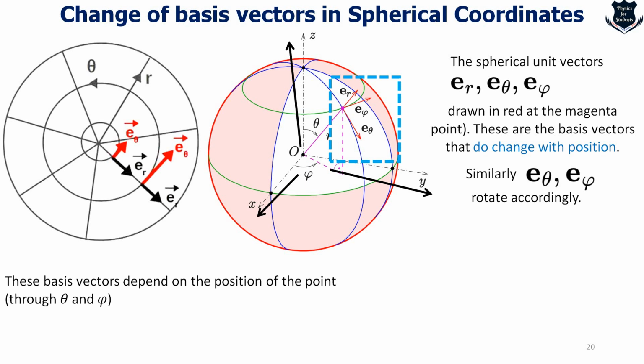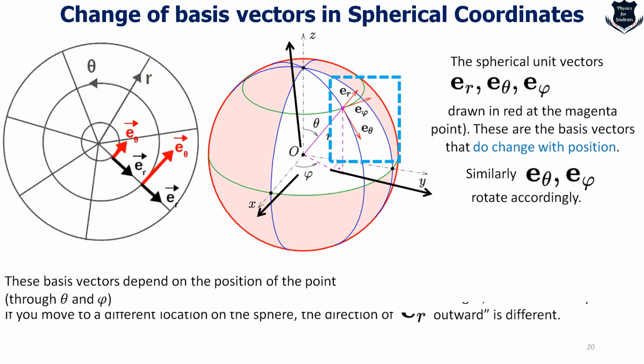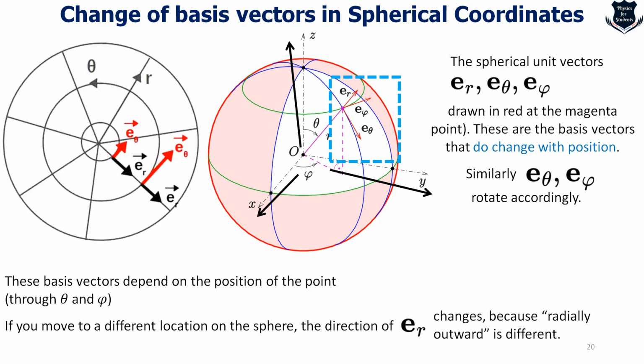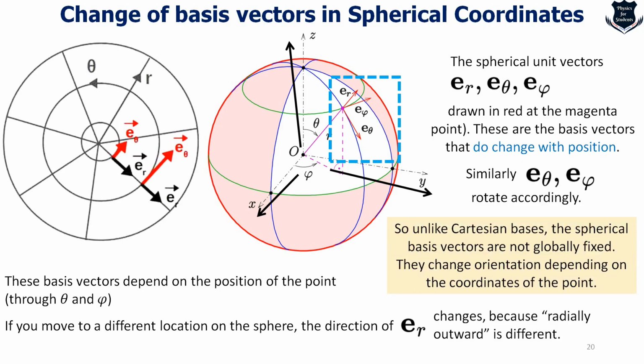Though these basis vectors depend on the position of that point, if you move to a different location on the sphere, then e r will automatically change because it is radially pointing outwards in a different direction. So unlike Cartesian bases, which are fixed, i, j and k, the spherical basis vectors are not globally fixed and they change orientation depending on the coordinate of that point.